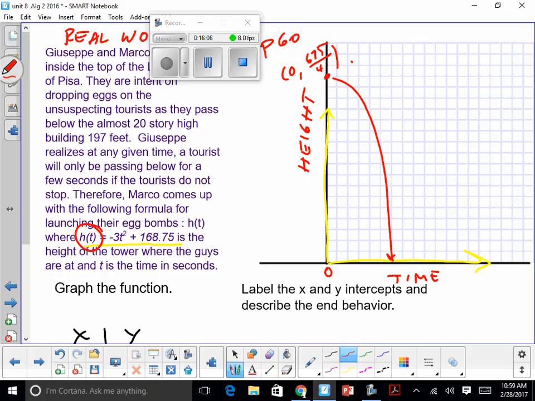Can't be negative. Oh, what? Because it's a real world situation. Real world situations, no negative. Is it still there? It should be. Is yours negative? Yeah, mine is negative 15 over 2.